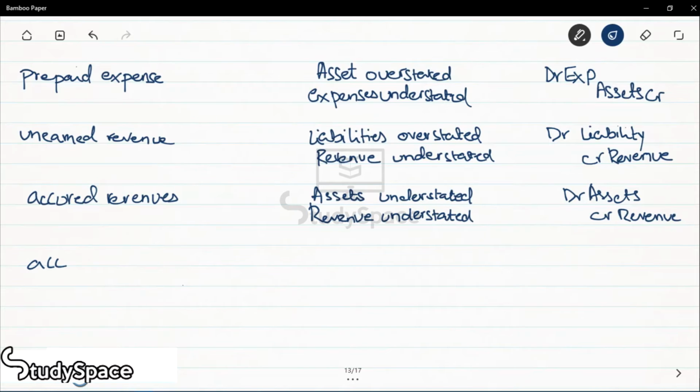The last commonly seen type of adjustment entry is accrued expenses, under which our liabilities have been understated and our expenses have also been understated.